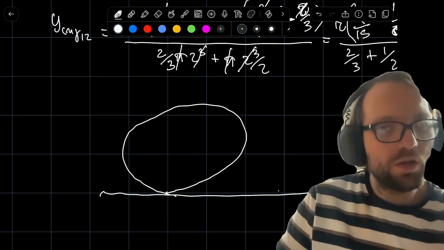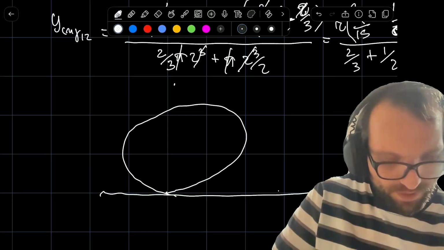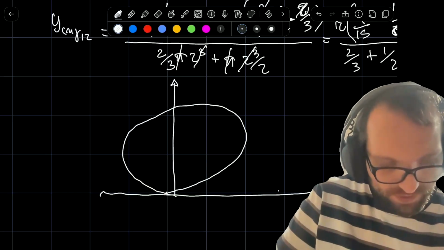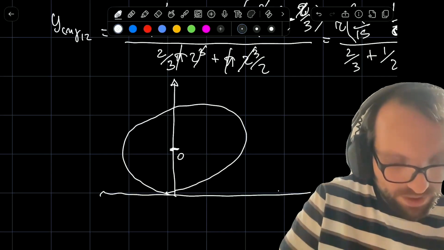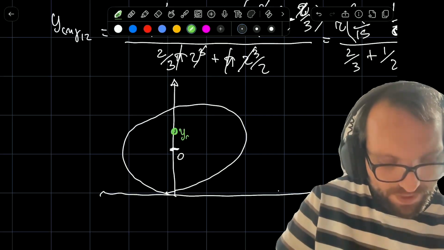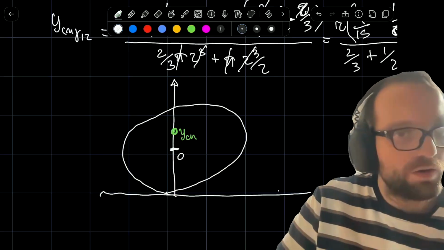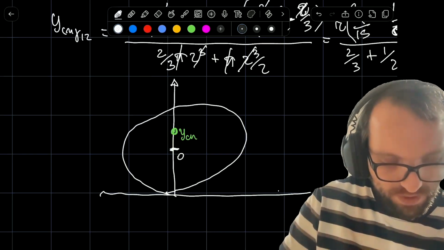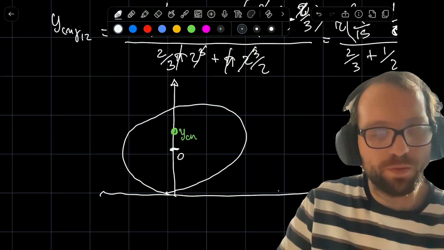Okay, so what we know is that the center of mass of this object is along the y-axis. Okay, so here we have the 0 of the y-axis, and here we have the center of mass. Okay, so now what are the points that enforce the equilibrium of the object?